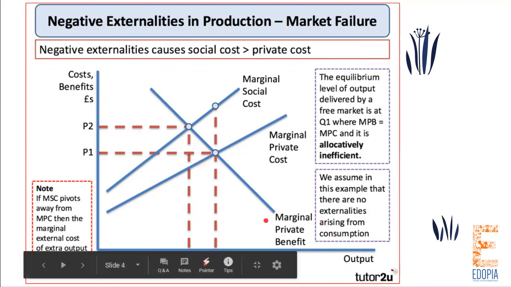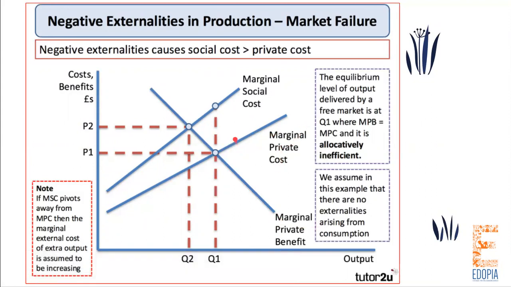The downward sloping curve is demand, which is also equal to marginal private benefit, which also equals marginal social benefit. So here we see the benefit side on the demand curve. On the supply side, we see the cost. So this is also the supply curve, and this is also the marginal private cost curve.